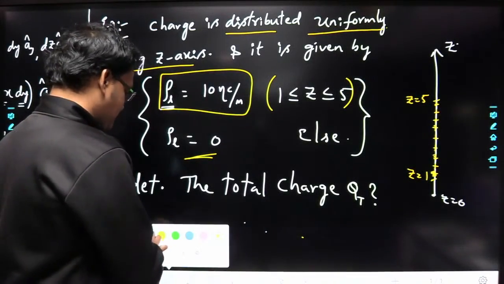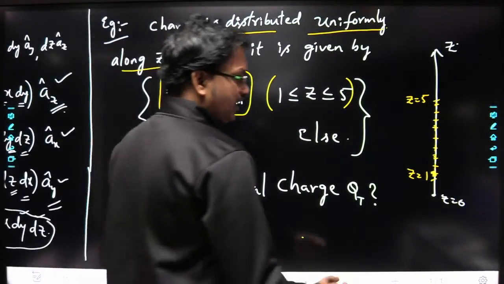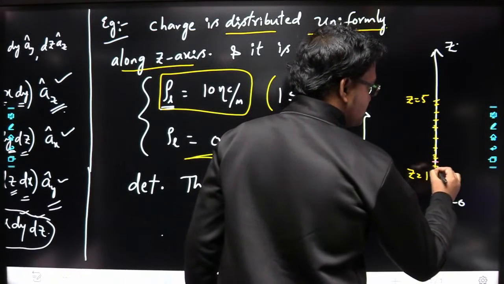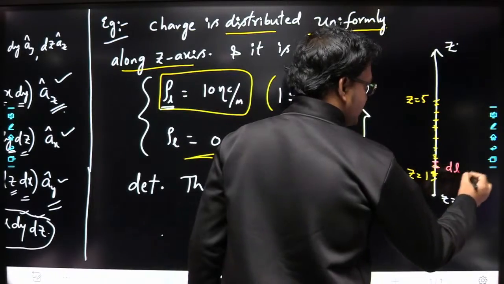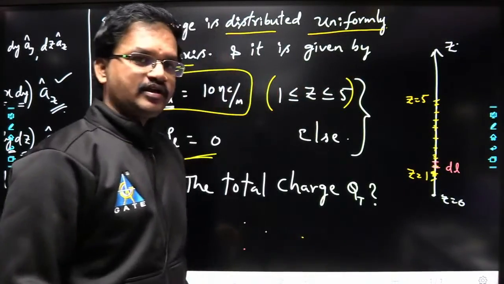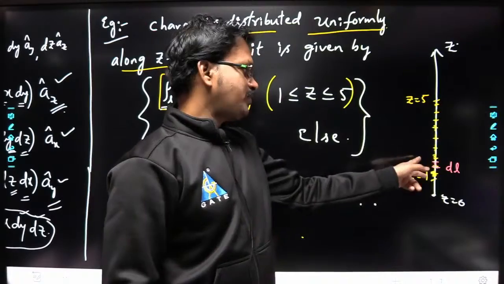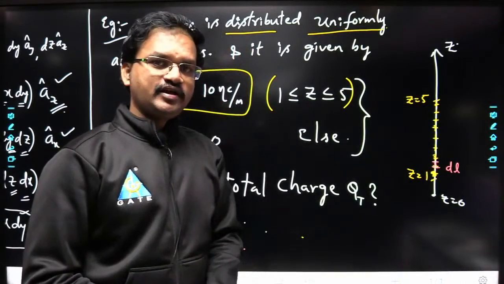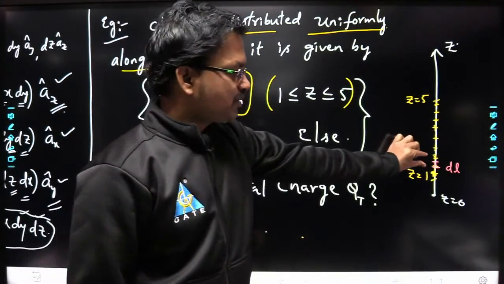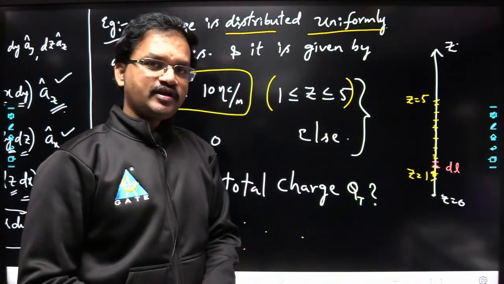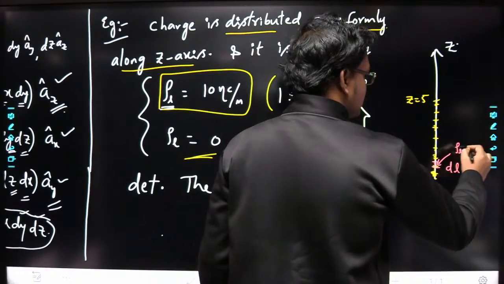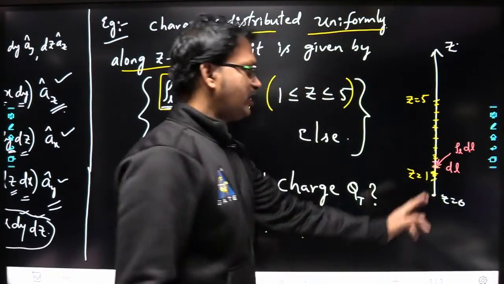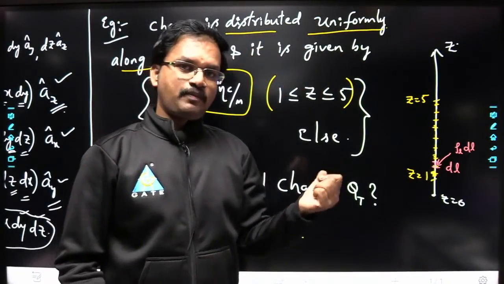See here. If I consider a small differential length dl, then what is the charge that is going to be present over this small differential length dl? It is nothing but rho l into dl, because rho l is the charge that is present per unit length.